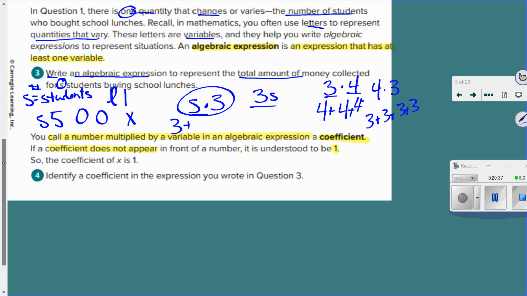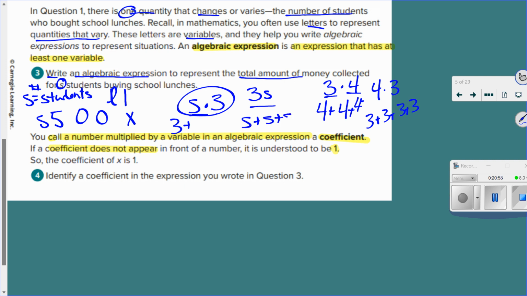So can I model this? No. Can I model this? Yes, because what am I adding to itself? S. How many times am I doing it? 3.